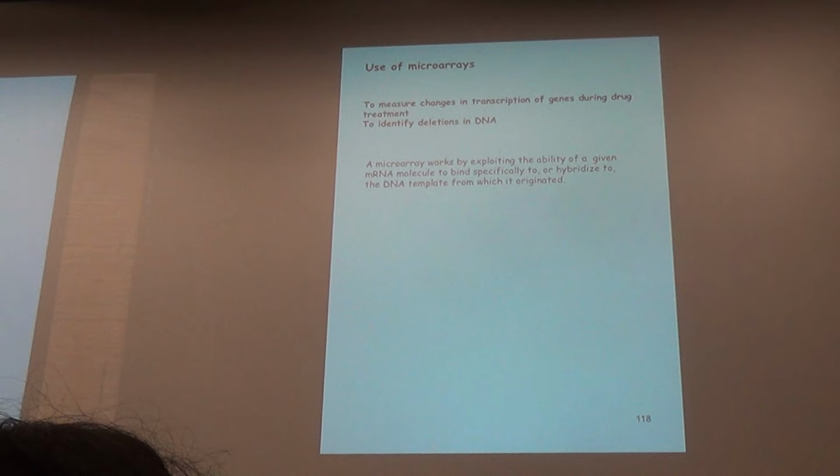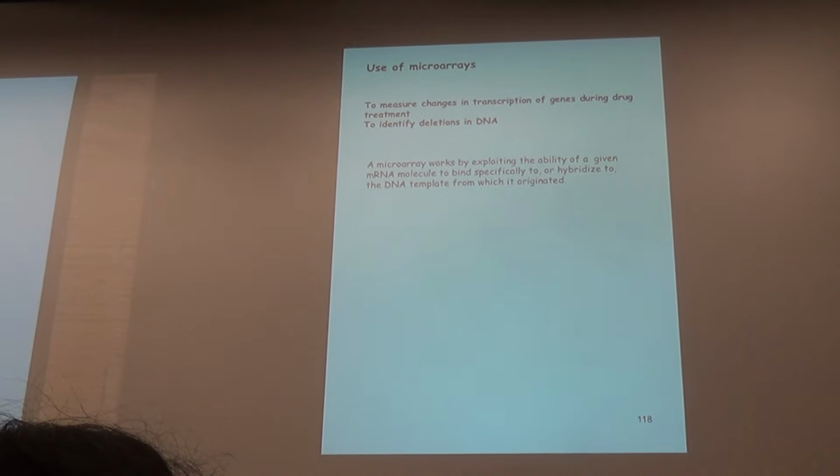And the way you do that is simply you isolate total genomic DNA from different individuals. You label the genomic DNA and use that as a probe. If a gene is deleted, it won't hybridize to the microarray at that one particular spot. And so you'll be able to determine which gene is missing from one individual but present in the second individual.